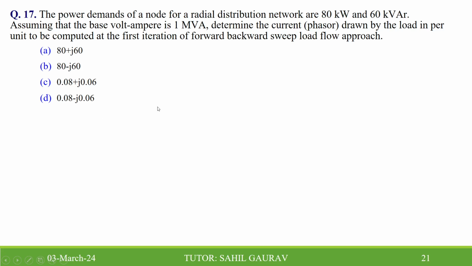Now moving to the next problem. So in this problem, the power demands of a node for a radial distribution network are 80 kilowatt and 60 kVAr, and the base volt ampere is 1 MVA. Determine the current drawn by the load in per unit to be computed at the first iteration of forward backward sweep load flow approach. So we have to apply this load current expression.